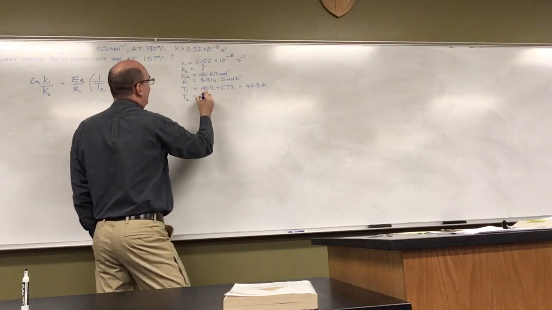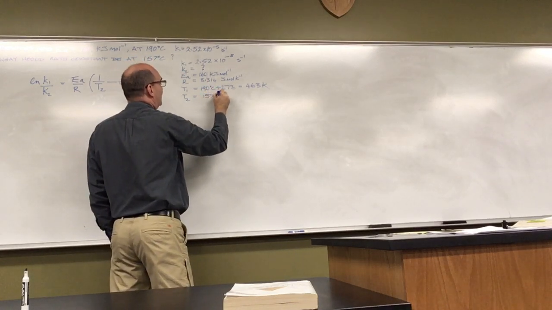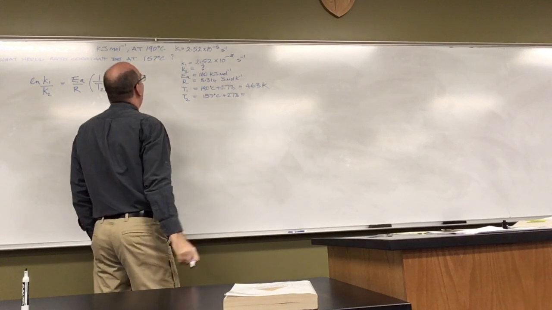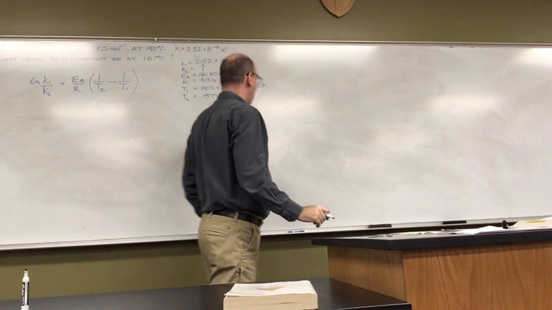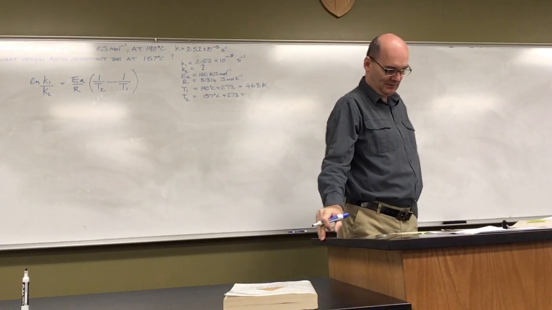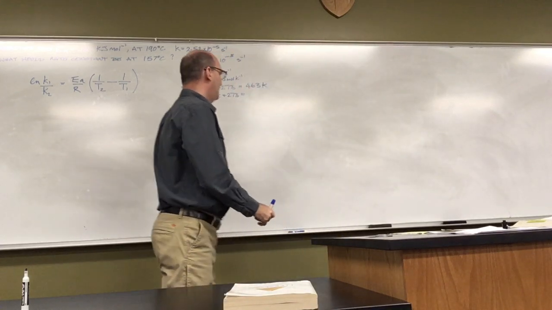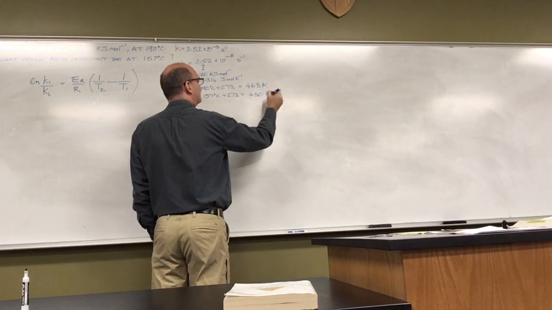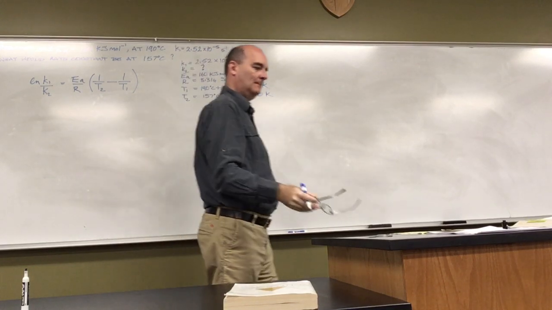And my other number is 157 degrees Celsius. I'm going to add 273 for that. And that comes out, oh, that's kind of convenient. The 7 and the 3 coming out to be a whole number right there. 430.